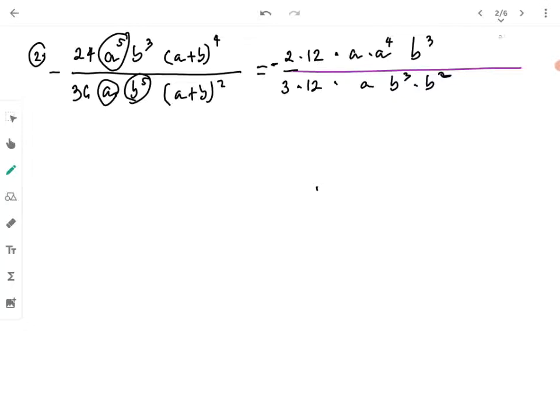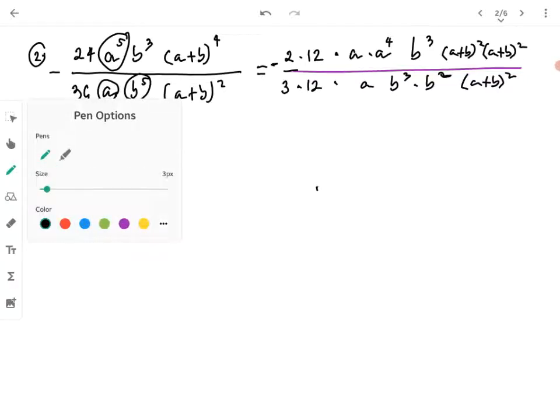Then a plus b raised to 4 with respect to the square below, we can express as a plus b squared times a plus b squared. Then below is also a plus b squared. So above, a plus b squared and a plus b squared is simply a plus b raised to 4. Then this is the time that we cancel out those common factors.